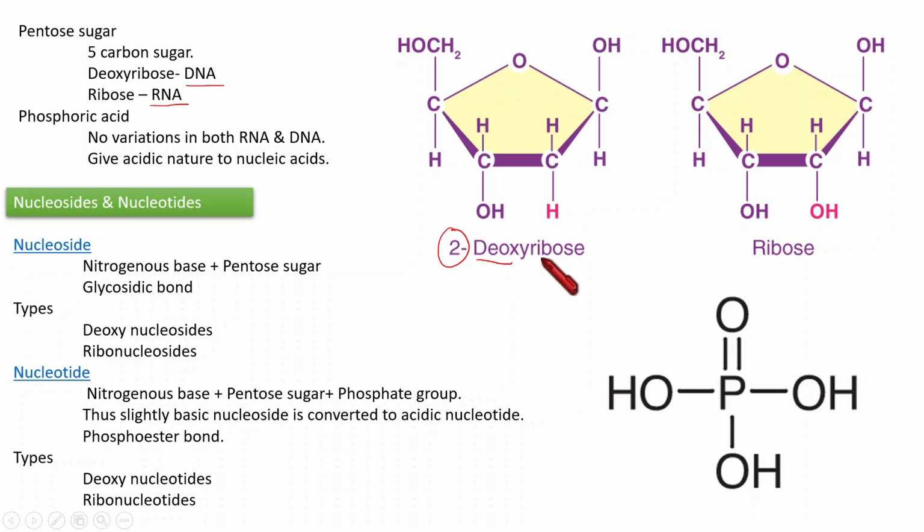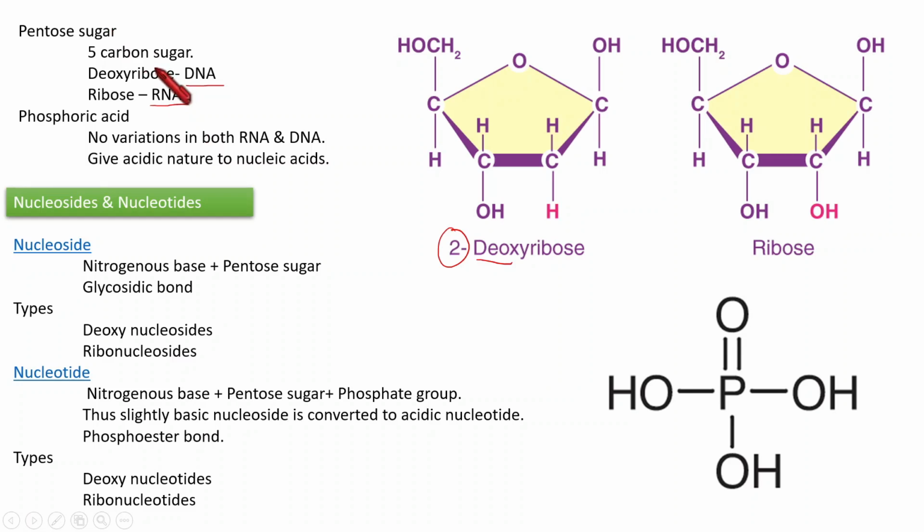So the sugar present in DNA is deoxyribose sugar. At the same time, the ribose sugar present in RNA possesses that oxygen in the second position. So it is simply ribose sugar that is present in RNA. So pentose sugar is also clear to you now. Okay. So we finished nitrogenous bases and pentose sugar.